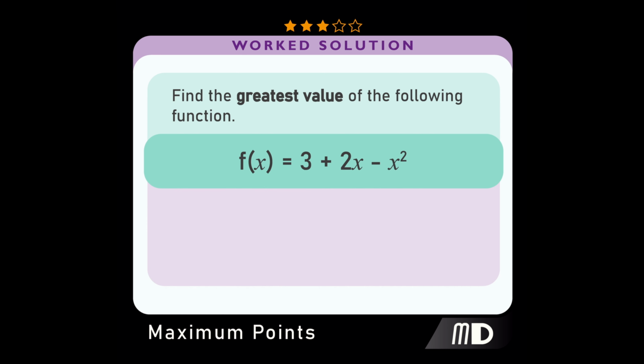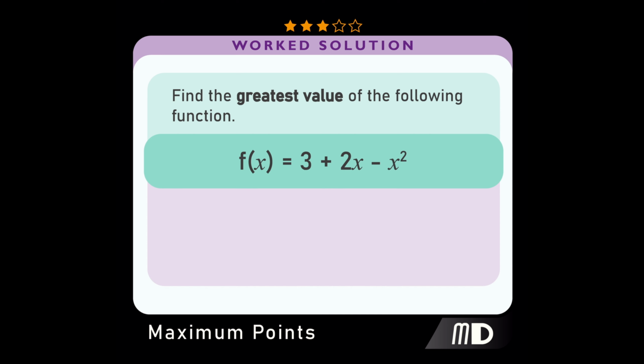Answering this question is a 4-step process. First, we need to differentiate the function to find the first, then second derivative, before setting the first derivative equal to 0, to find the x value of the maximum point.